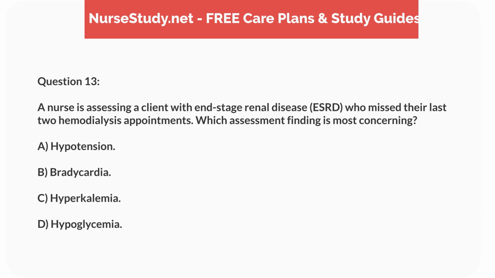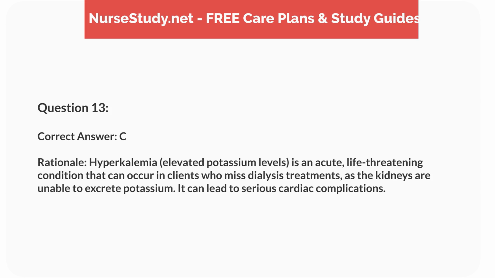D. Hypoglycemia. Correct answer: C. Rationale: hyperkalemia, elevated potassium levels, is an acute, life-threatening condition that can occur in clients who miss dialysis treatments, as the kidneys are unable to excrete potassium. It can lead to serious cardiac complications.